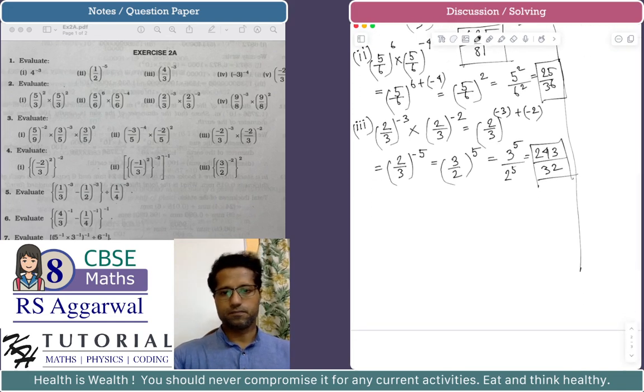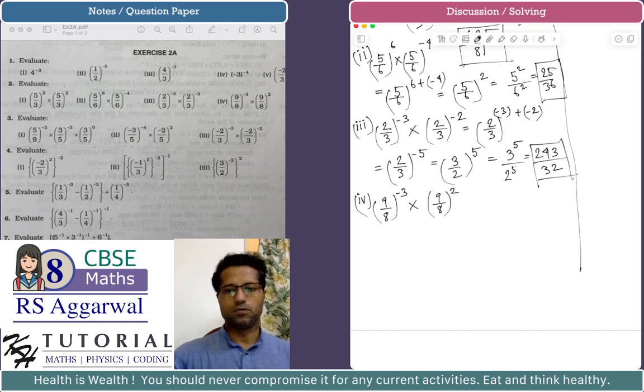Part 4 is (9/8) to the power minus 3 multiplied by (9/8) to the power 2.